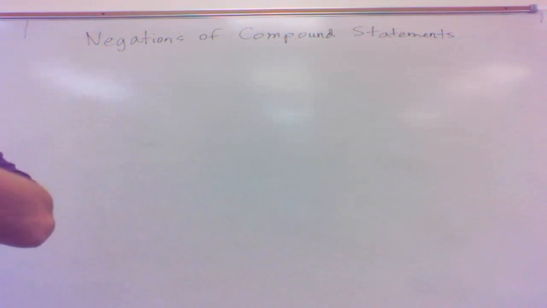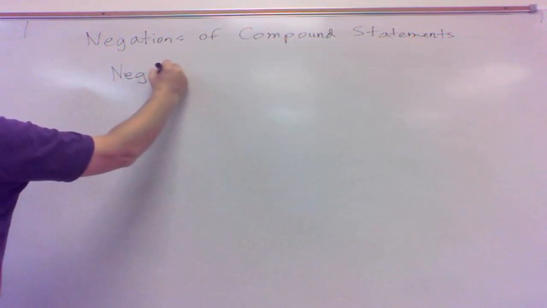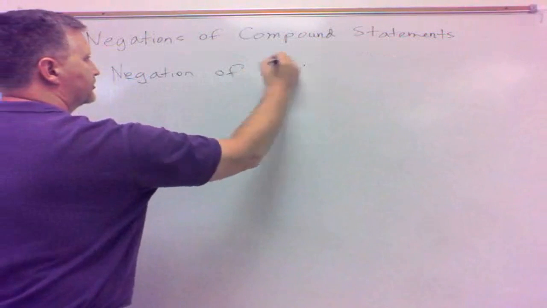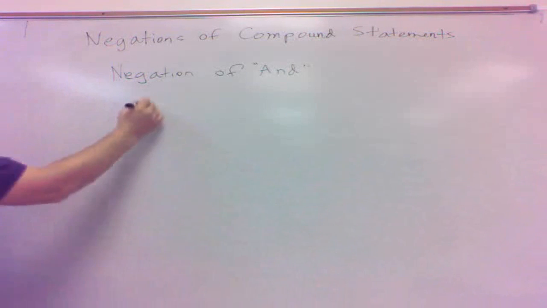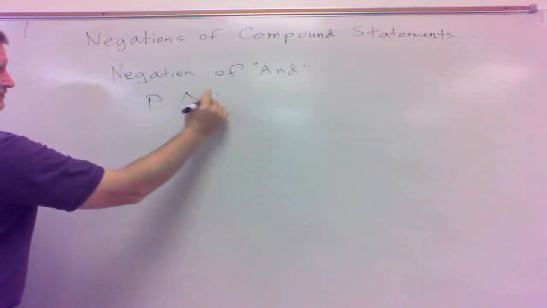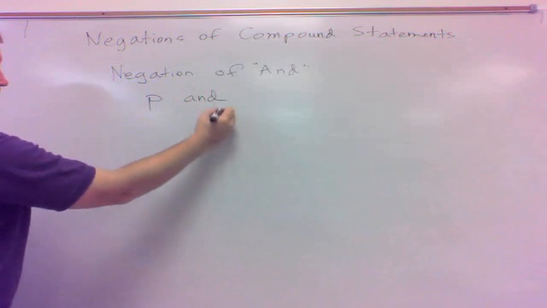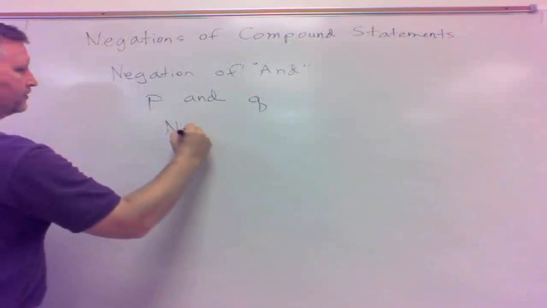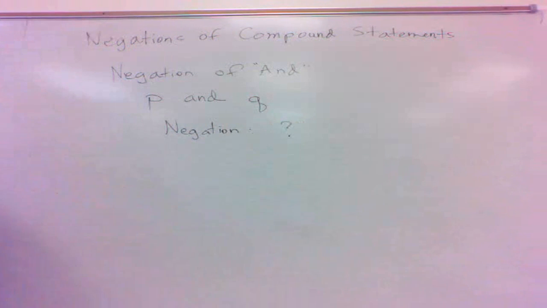Okay, well, let's start with the and statement. Negation of and. So we've got just our most basic and statement, P and Q. What does the negation of that look like?